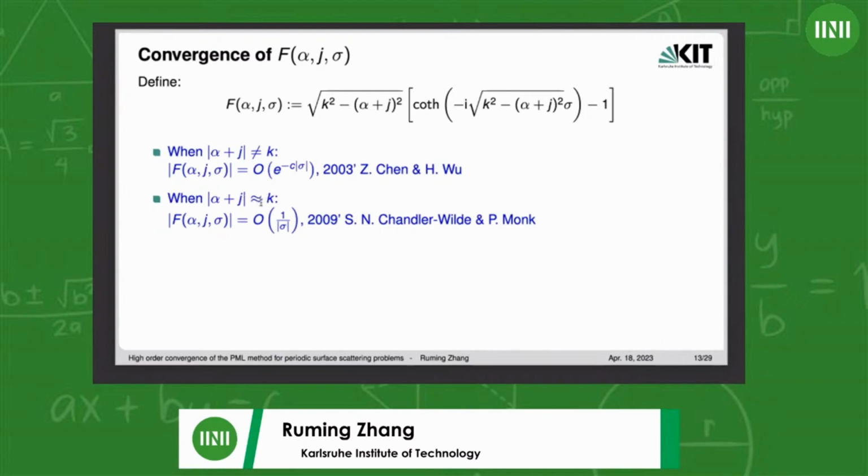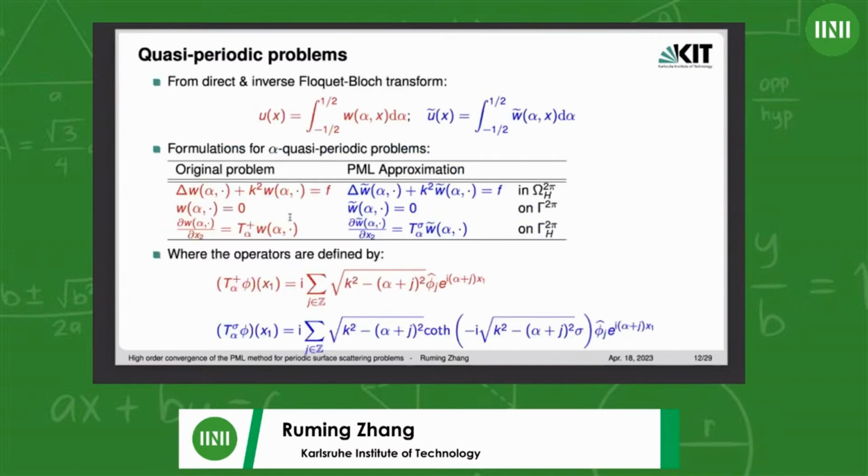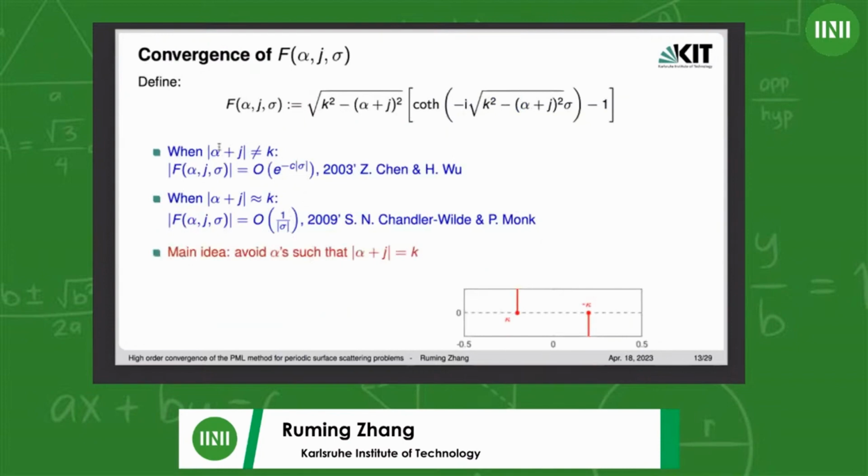Actually, when it is equal to k, the convergence rate is reduced to 1 over sigma. So this is the reason why in this paper the convergence is only obtained in this weaker form. It seems that the case when the absolute value of alpha plus g equals k is very difficult. So the main idea of my work is how to avoid these alpha where the absolute value of alpha plus g equals k.